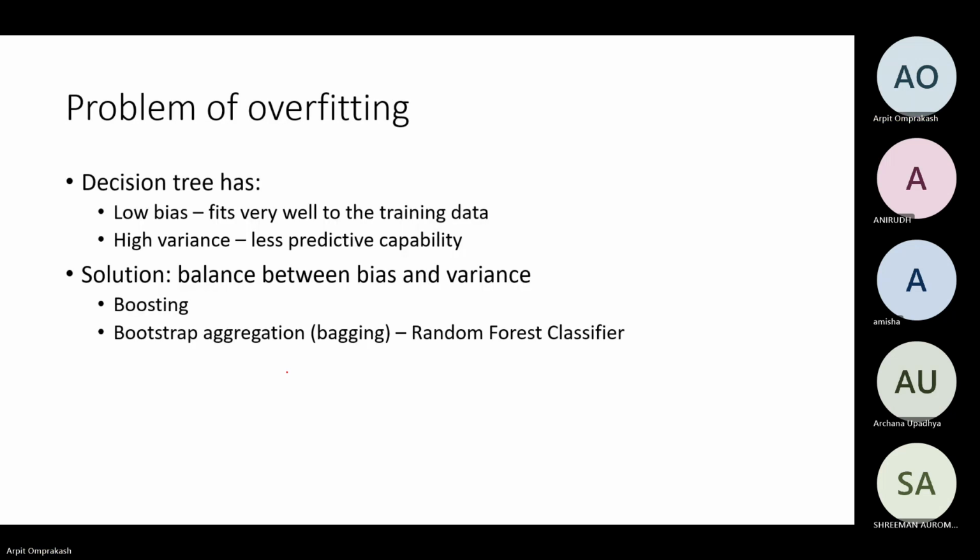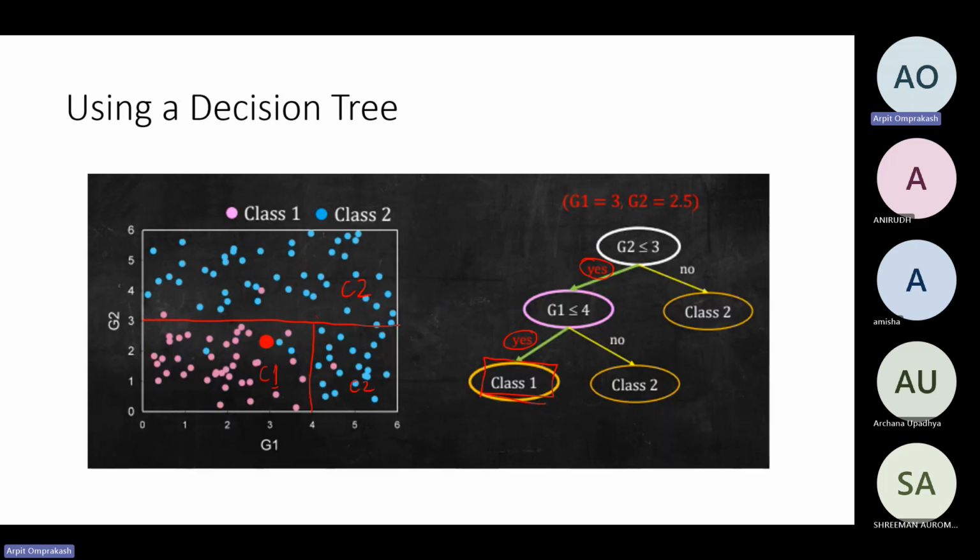Okay. So the issue with using a decision tree for classifying is that generally a decision tree has very low bias. So it can fit very well to a training data. Let's say we had some more intermixing, then our decision tree would be longer.